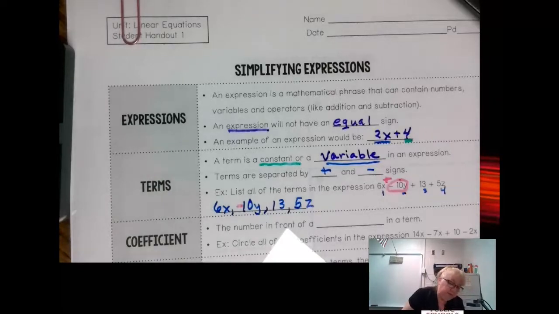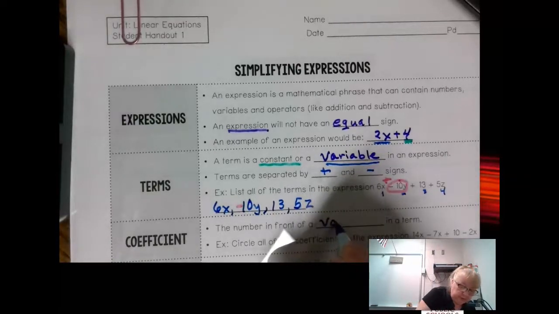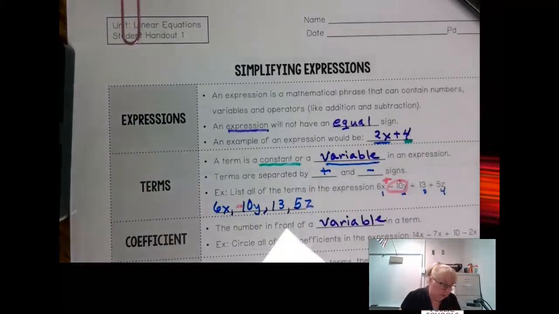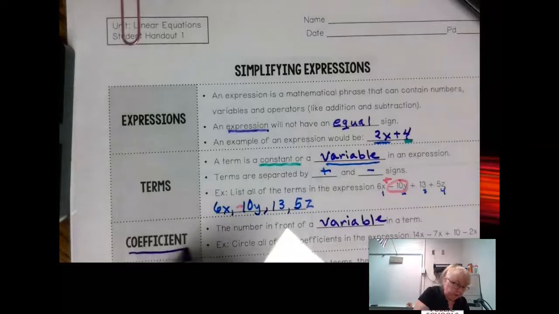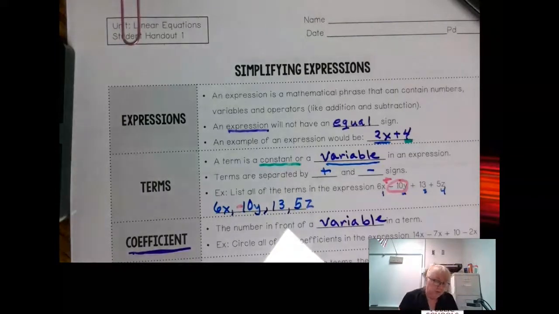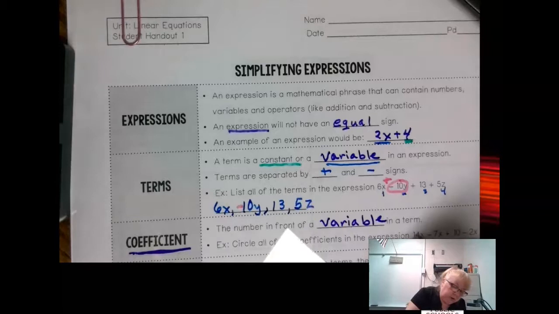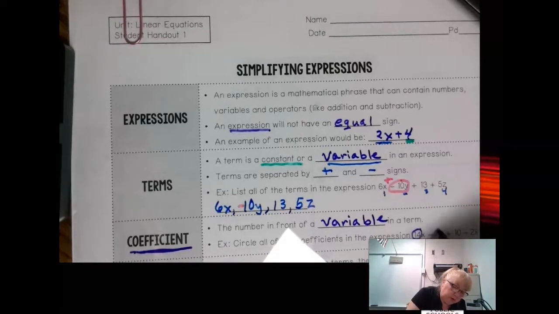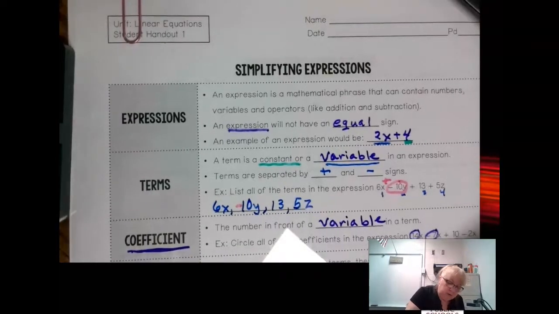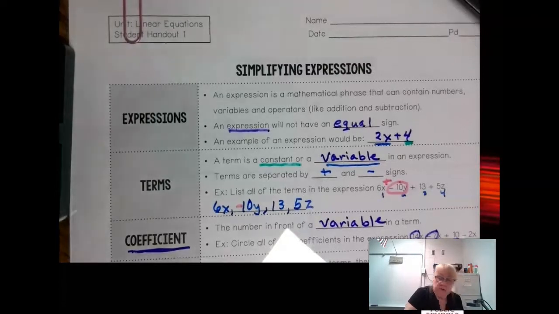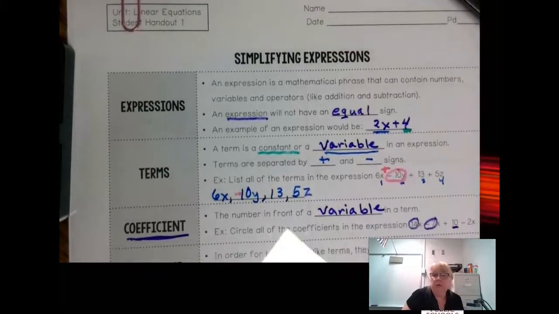The number in front of a variable in a term is called a coefficient. So here, 14 is a coefficient, negative 7 is a coefficient, 10 is not in front of a variable, so it's not a coefficient.